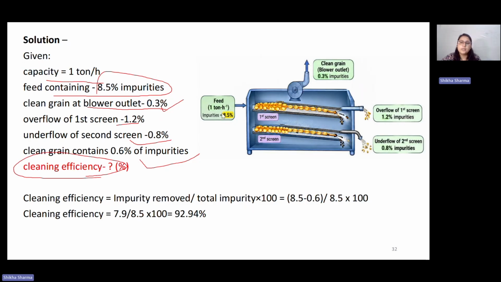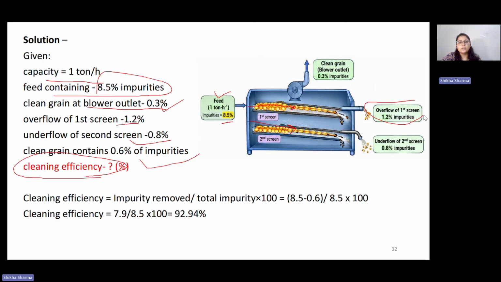In the picture we can see that the feed is going in at 1 ton per hour with 8.5% impurities. It goes into two screens, first and second.